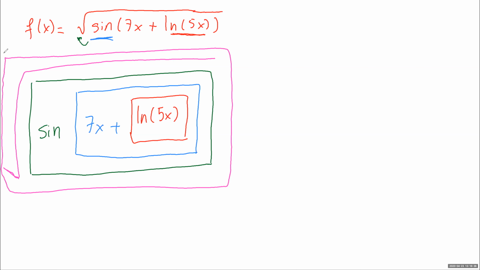You can say it's a square root, or you can say it's just like a power raised to 1/2. So the square root is equivalent to raised to the power 1/2.